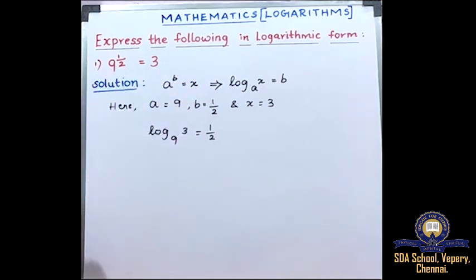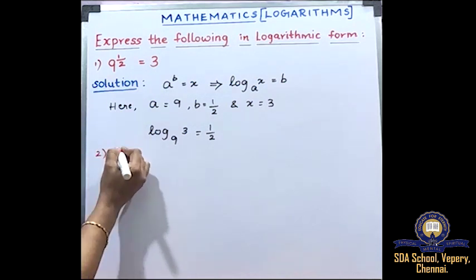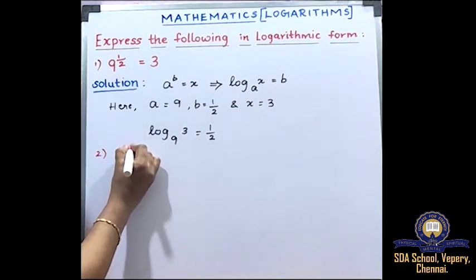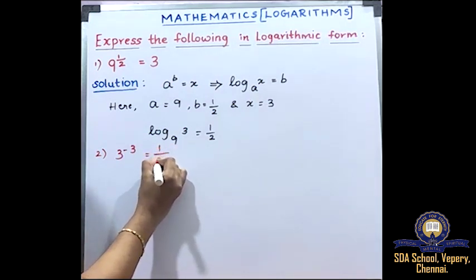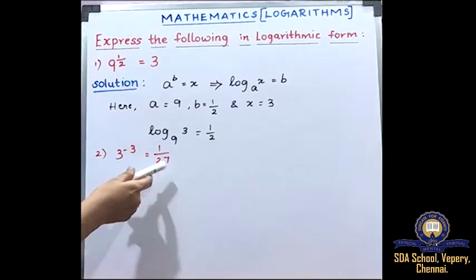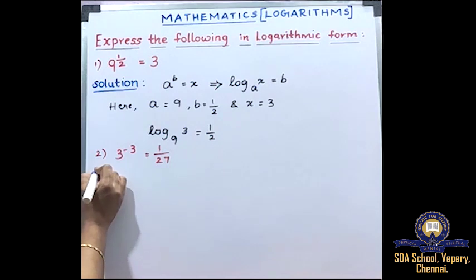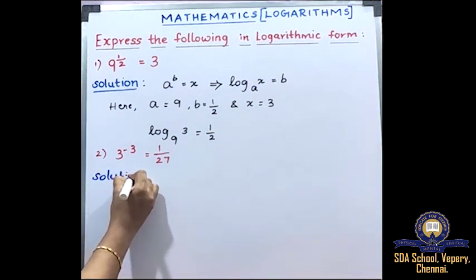The next sum is 3 power minus 3 equals 1 by 27. If you observe the question, this is also in the form of exponent form, right? Now we are going to convert the given question into logarithmic form.